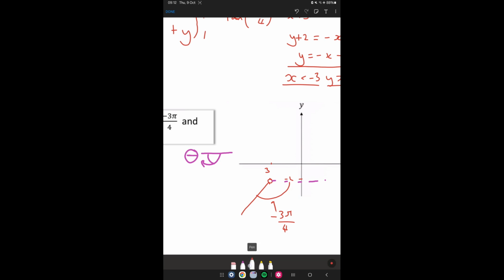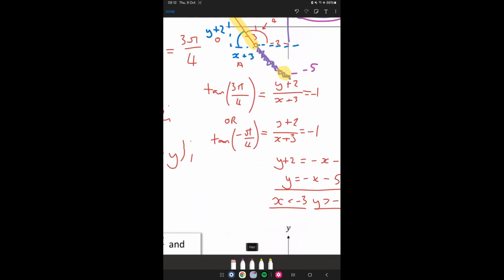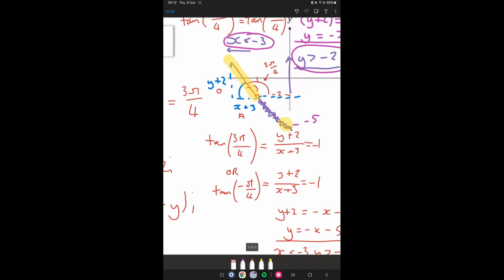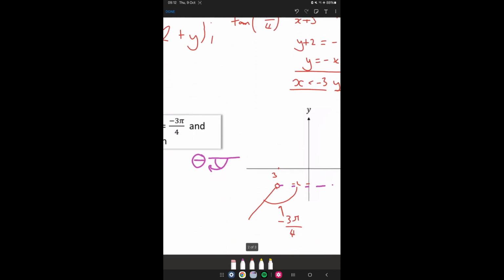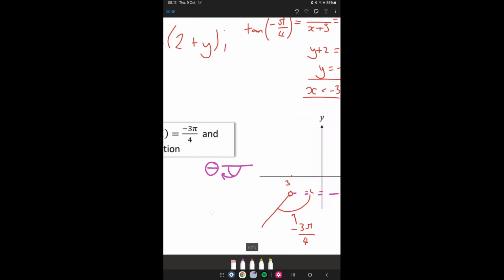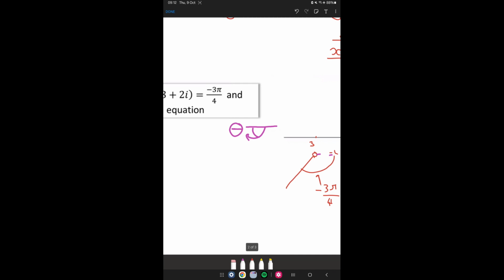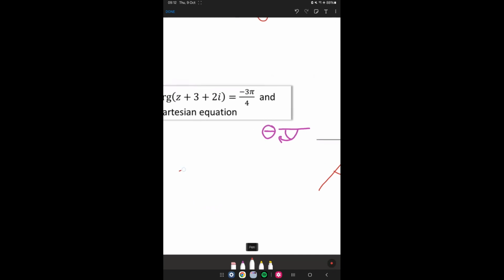And we can see, if we go back up here, it's basically a mirror image in the line x is -2, isn't it? It's going down this way instead. And you can use the same method that we did before. So we start out with z, which we know is x plus iy.